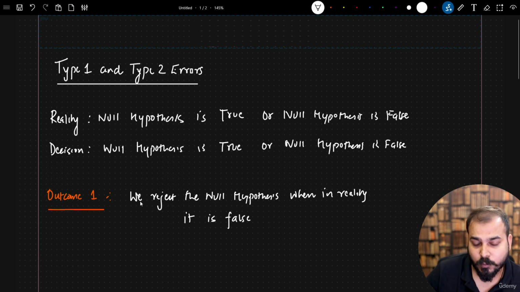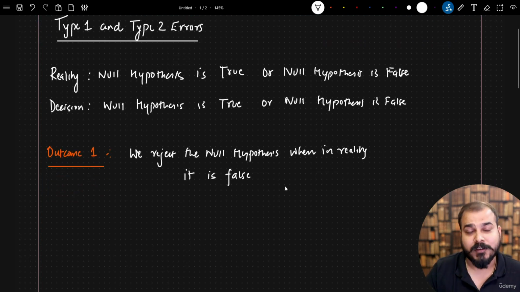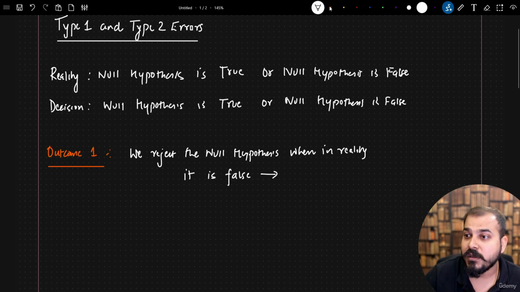So what is this sentence saying? We reject the null hypothesis, this is from our hypothesis testing, when in reality it is false. Fine, that is good, right? If in reality it is false, we are rejecting the null hypothesis. So this scenario is obviously a good scenario, right?